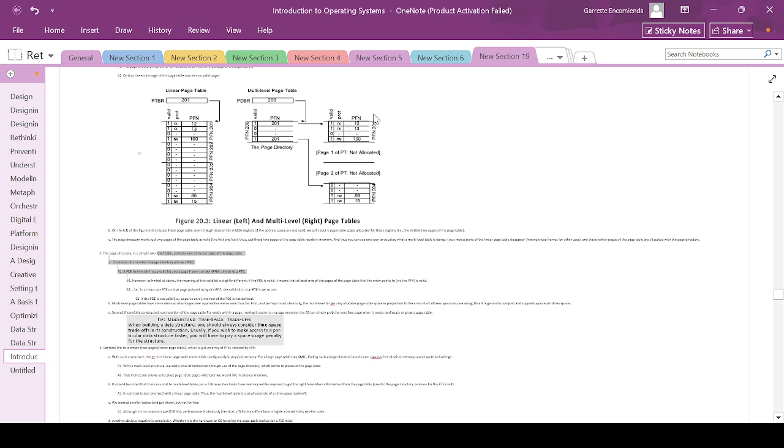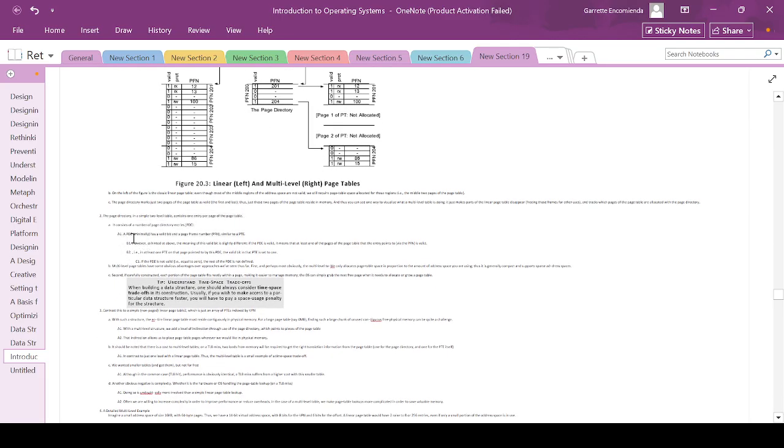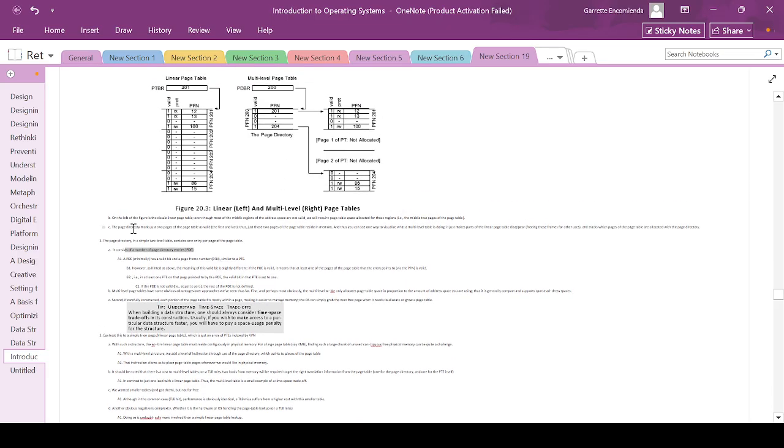So this is the page of the page table, and it contains one entry in this page directory. A page directory consists of page directory entries, each of which is the entry for a page of the page table.